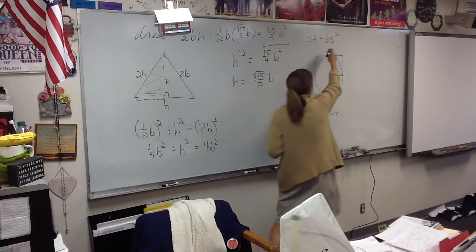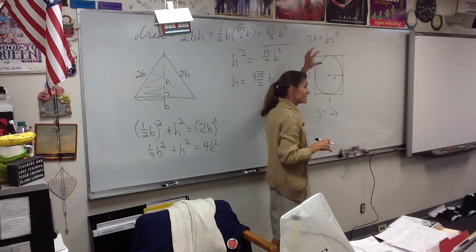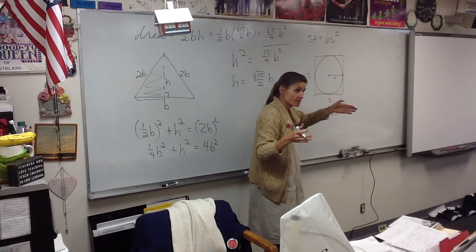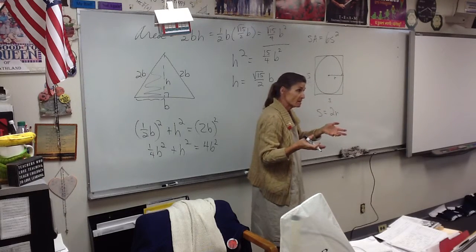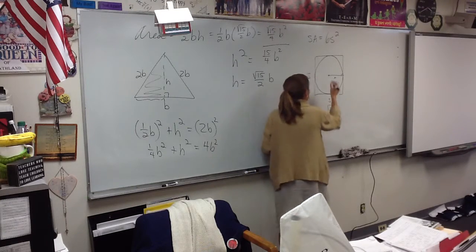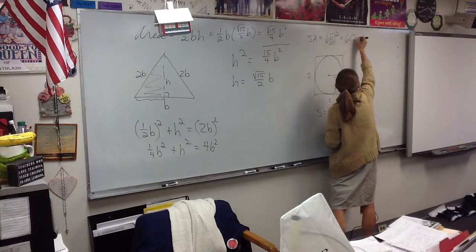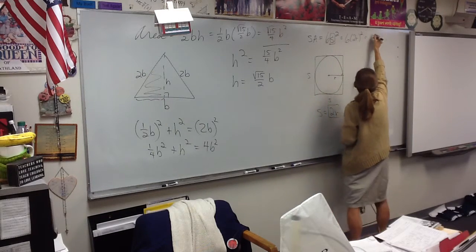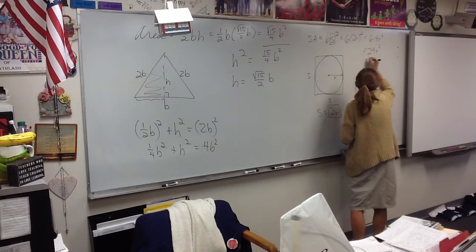Now this formula is perfectly okay, except it's done in terms of a side length. If I want to do it in terms of a radius, then what am I going to do with this right here? Plug it in. So I have 6 times 2r squared, which will be 6 times 4r squared, or 24r squared.